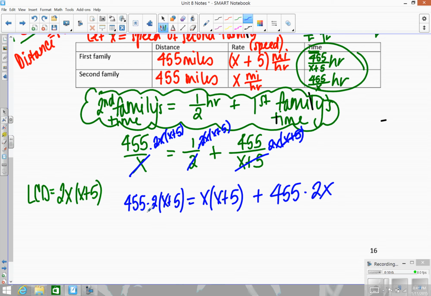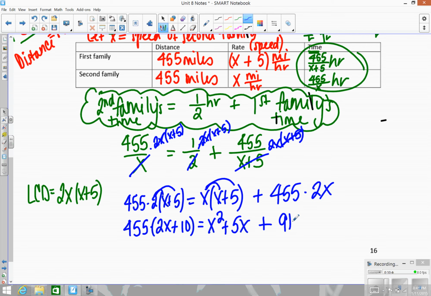I have 455 times 2x plus 10, because I just distributed this 2. You could have multiplied the 455 times 2 and then distributed that number, or distribute the 2 first, and then my next step will be to distribute the 455. I'm going to distribute this, so I have x squared plus 5x. And then at the end here, 455 times 2x is going to be 910x.